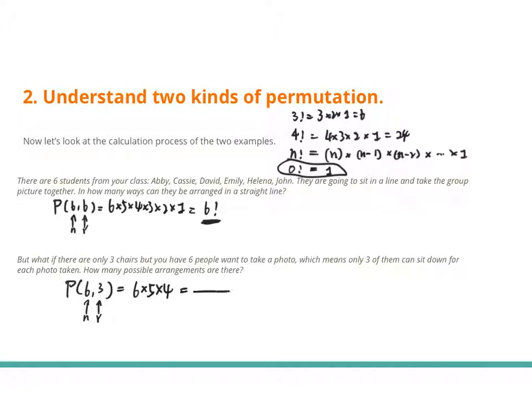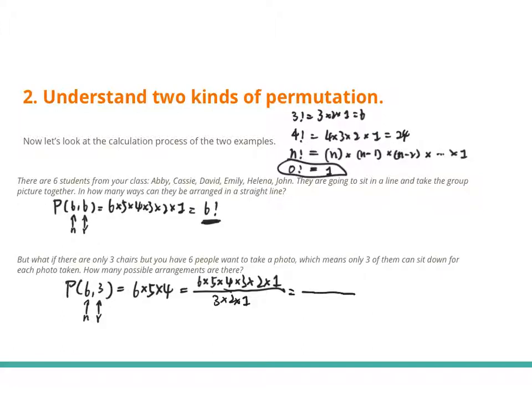Okay, if we are thinking about using the factorial notation to simplify this formula, what can we do here? Basically, 6 times 5 times 4 is 6 times 5 times 4 times 3 times 2 times 1, divided by 3 times 2 times 1.